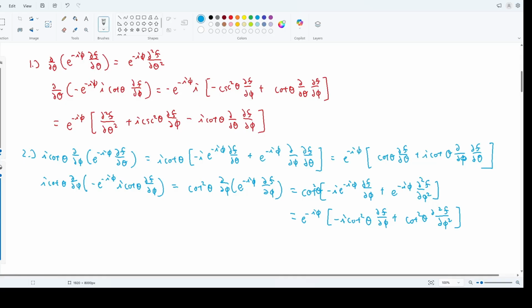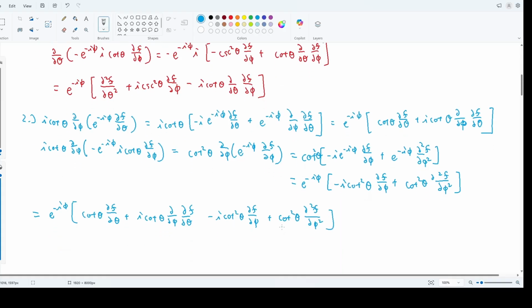Actually, I should probably add all of these together first. e to the negative i phi cotangent theta df by d theta plus i cotangent theta d by d phi d by d theta of f, subtracted by i cotangent squared theta df by d phi plus cotangent squared theta d2f by d phi squared.